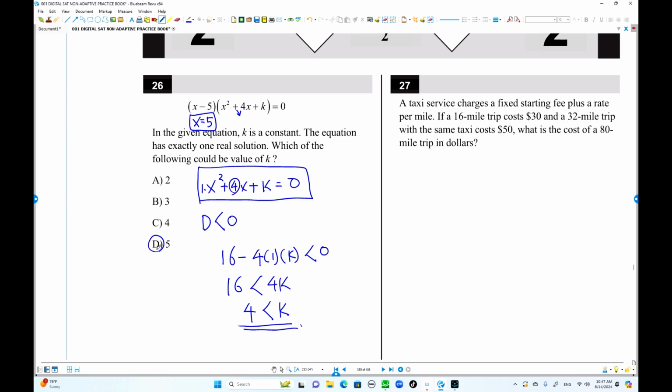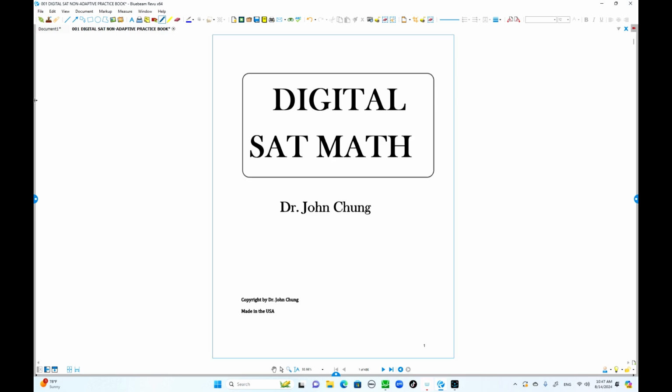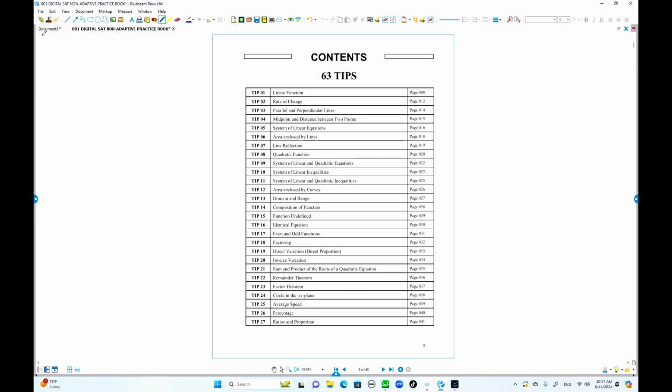Okay, that's all for today on test 10, module 2. Next time, we're going to try test 11, module 1, okay? Also, if we have the book over here, I'm going to show you some contents, the tips.